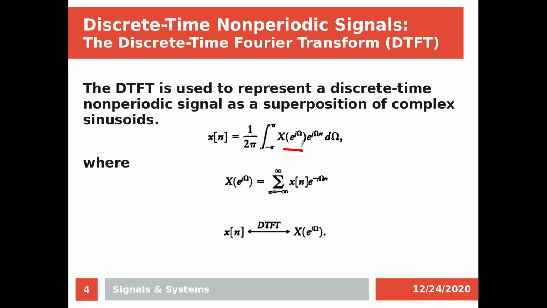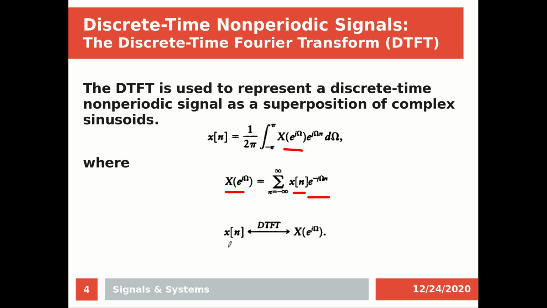If I have the time domain and I want to get the frequency domain, it is a summation from minus infinity to infinity, multiplied again by e to the power minus j omega n, the same power but with a minus.